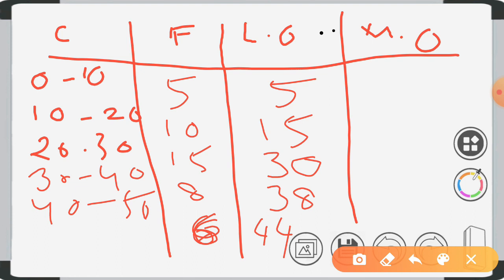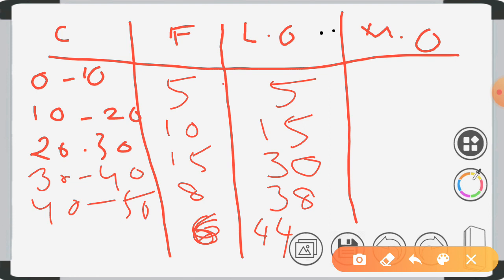Less than ogive means we add these frequencies from top to bottom, from the above values to the bottom values.